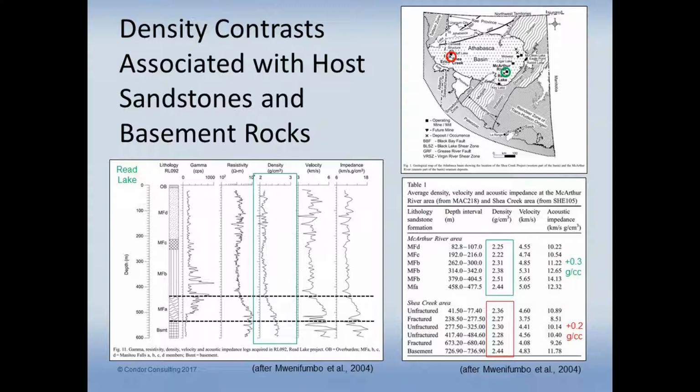So the variation in all units listed in McArthur River and the Shea Creek area is about 0.3 and 0.2 grams per cc, which I think are useful numbers to keep in mind. We've got this kind of natural lithologic variation in the densities without alteration that could be a factor in some of these measurements, but really in the host rocks.